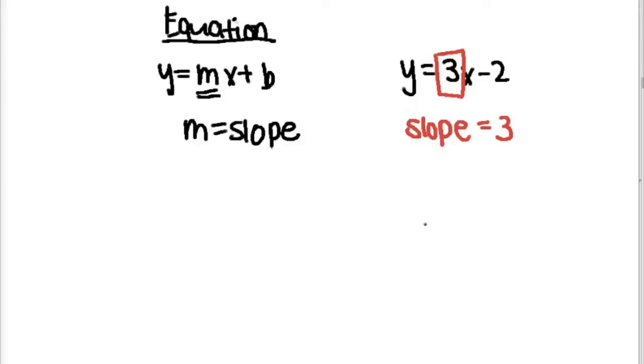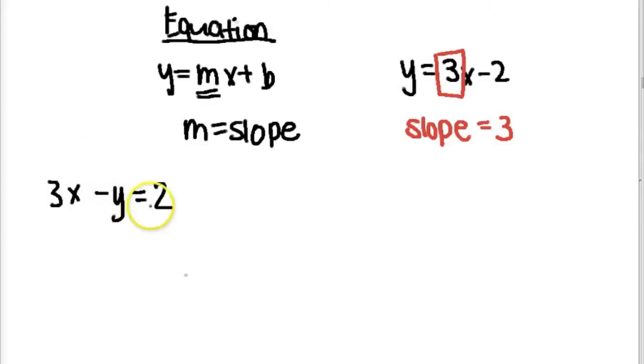But let's say they give you a bit of a harder version, and they give you the standard form instead of the y equals mx plus b form right away. So let's say they give you 3x minus y equals 2. And then you want to find the slope from here.